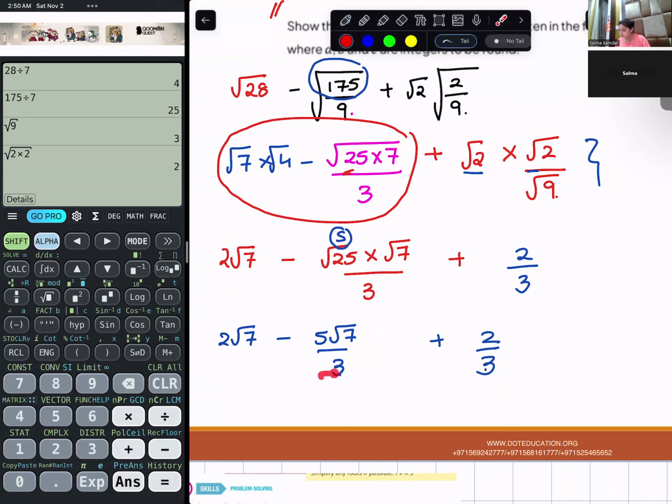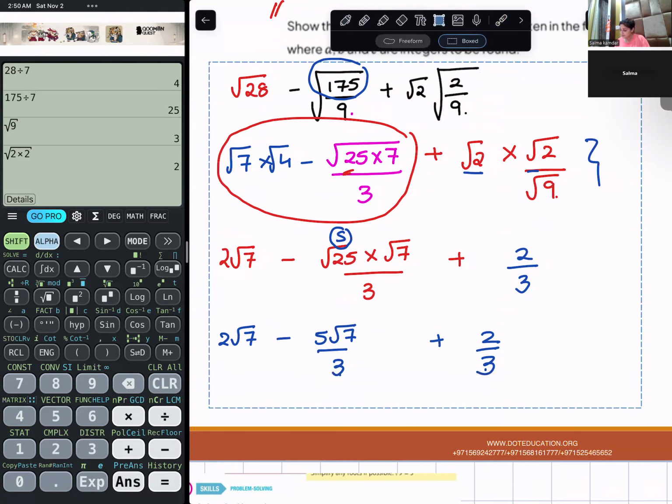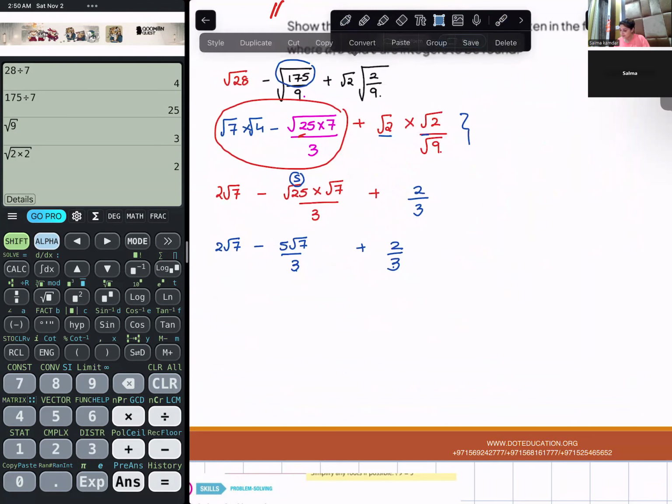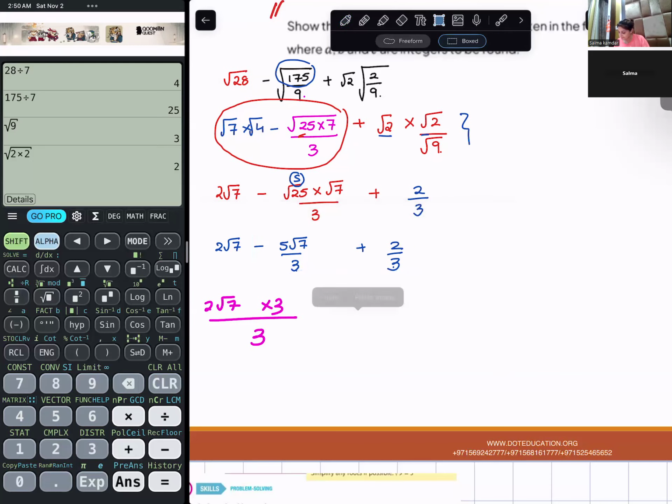Now I want all the terms to have 3 in the denominator. So what will I do? For this term, I will multiply the numerator and the denominator by 3. So I will do 2 root 7 into 3 upon 3, and these terms I'll copy as it is.